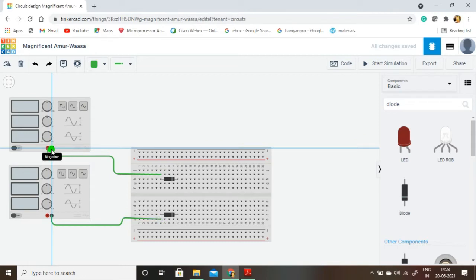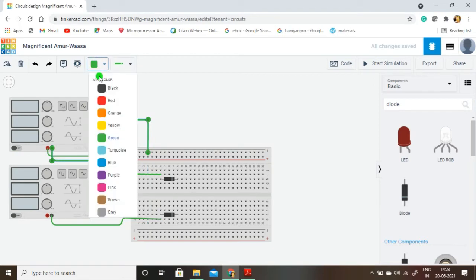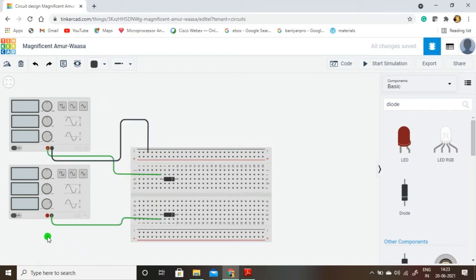This negative voltage is used for the ground. This is used for the ground. This positive terminal voltage is also connected to the ground. This is also connected to the ground.